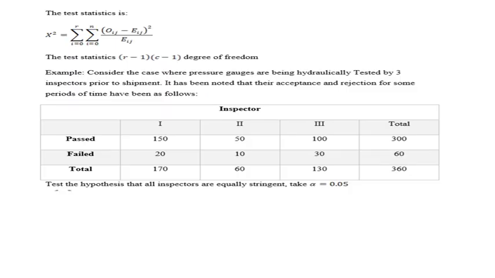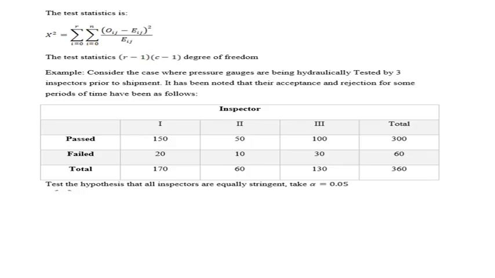Example: consider the case where pressure gauges are being hydraulically tested by 3 inspectors prior to shipment. It has been noted that the acceptances and rejections for some period of time have been as follows. We have inspector as our column, and passed or failed as our row.